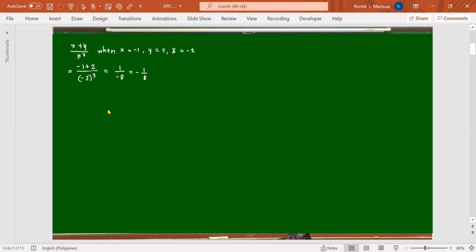Another important thing in algebra, when you're dealing with algebraic expressions, about exponents. Okay, guys? So, let's say we're given this. So, exponents, no?